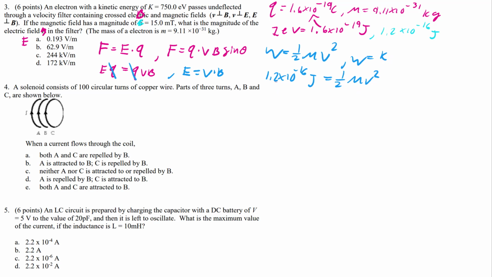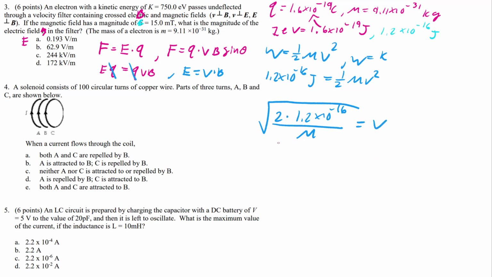Now we have to solve for velocity. I can multiply this side by 2, and then divide by the mass, and then take the square root. So we're going to have 2 times 1.2 times 10 to the negative 16, divided by the mass, and then take the square root, and that's equal to the velocity.